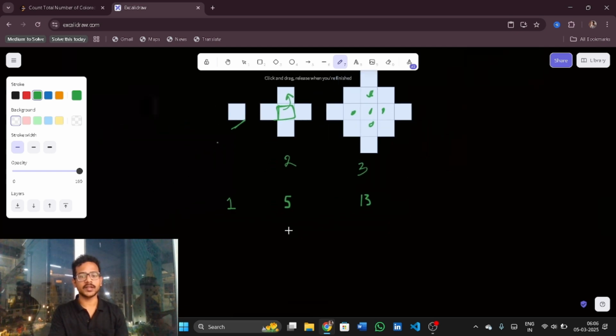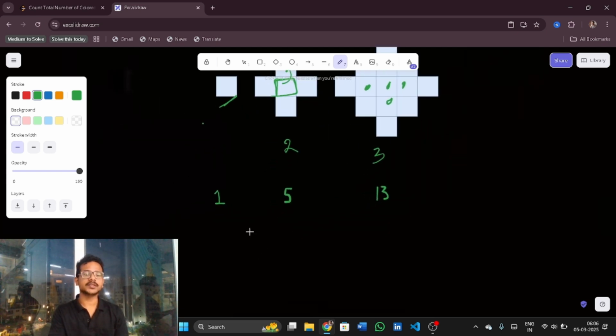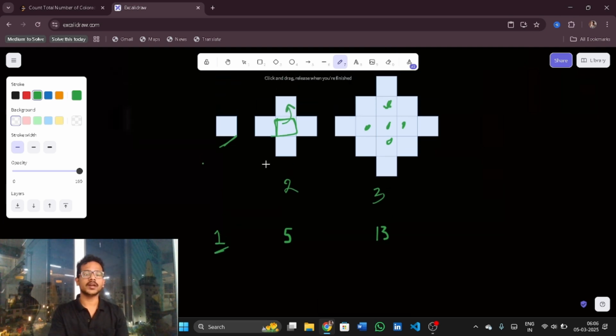But if you see, there is a pattern. At 1 we have only one colored cell, but at 2 we have added one colored cell here, one here, one here, and one here. So totally we have added 4 colored cells to the previous one.